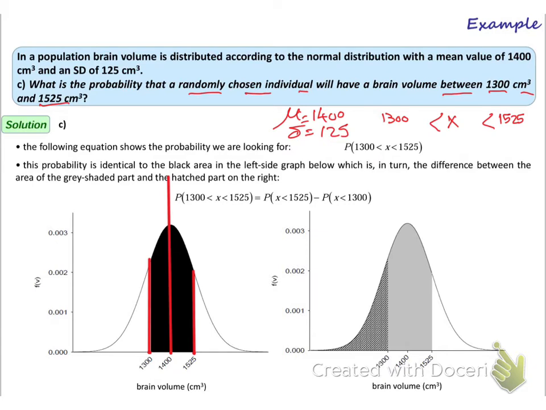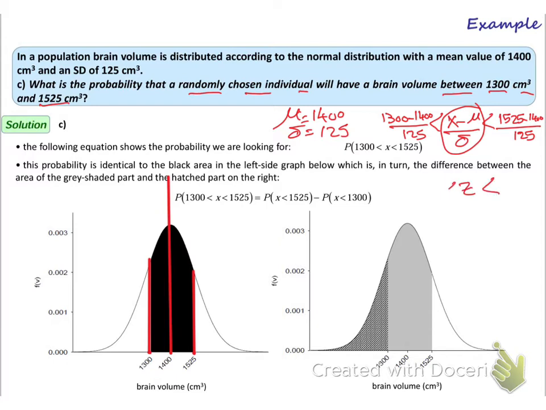In order to do this standardization, I have to subtract mu and divide by sigma. So x minus mu, which is 1400, divided by sigma, which is 125. I can replace x minus mu divided by sigma by z.